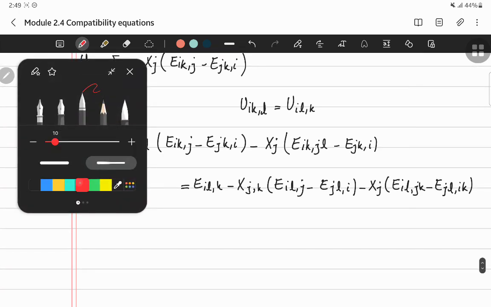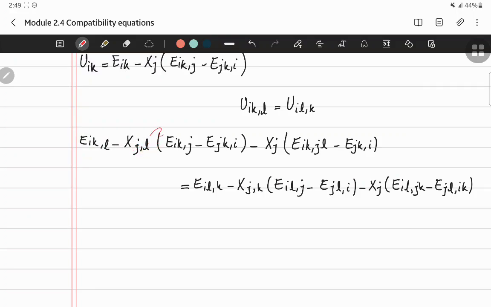And remember here that this x_j,l can only be nonzero when j is equal to l.